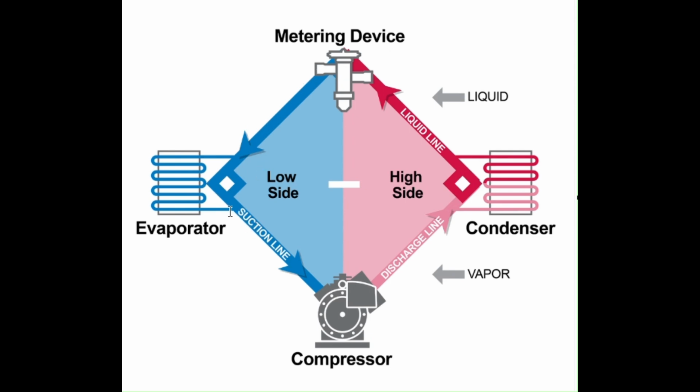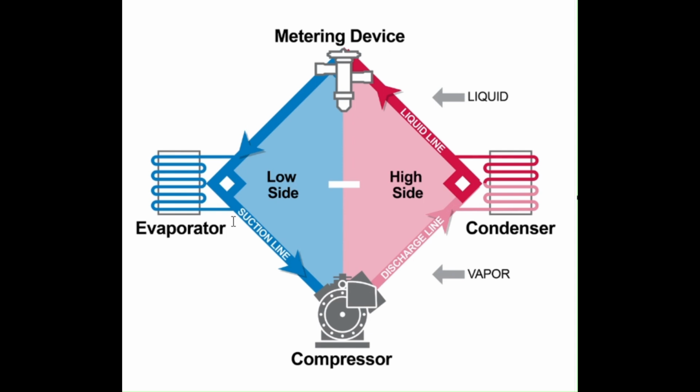Well, typically on the outlet side of the evaporator, we will have a bulb which is linked via a capillary tube to the metering device, and this bulb will give a feedback to this metering device to tell it how much liquid refrigerant the evaporator needs.